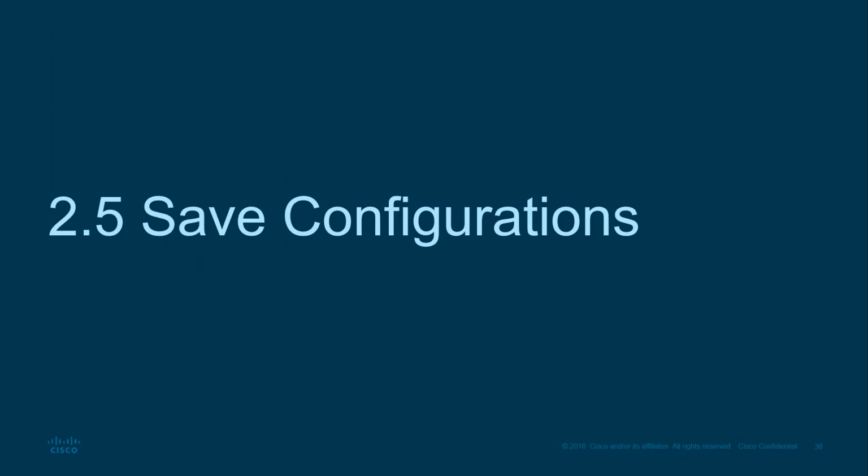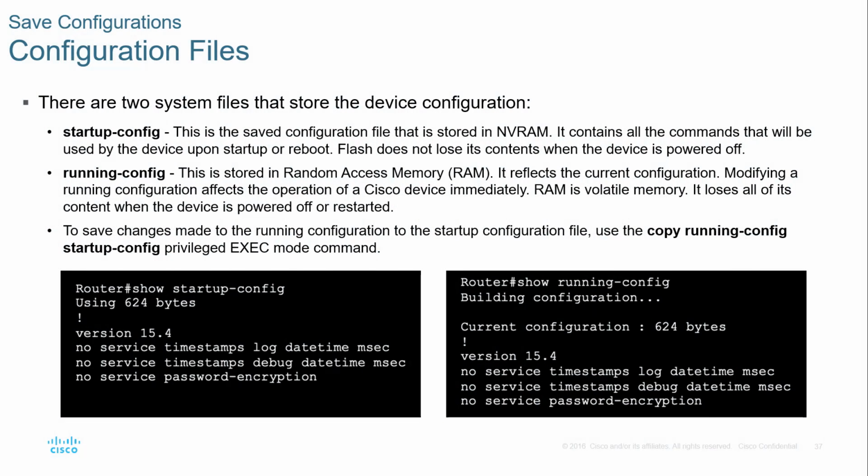So let's talk about how we save our configuration. If you are doing the configuration, it is stored as a running configuration. The issue is if the device restarts, anything that's running that hasn't been saved will not be there. So we need to actually save the running configuration.